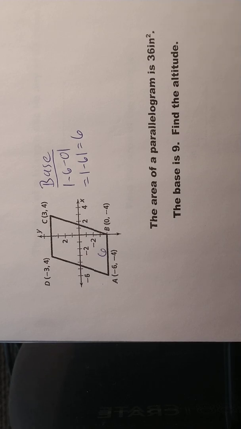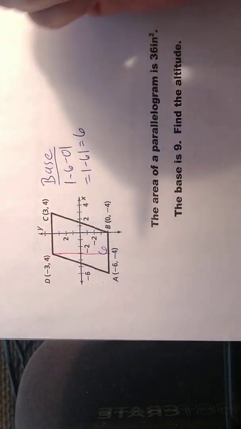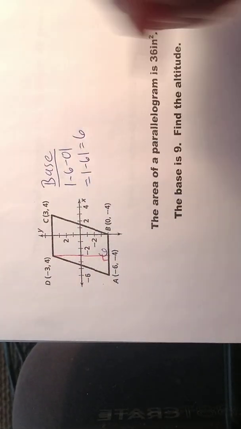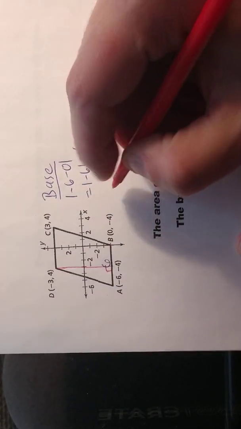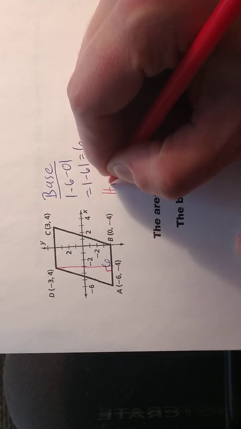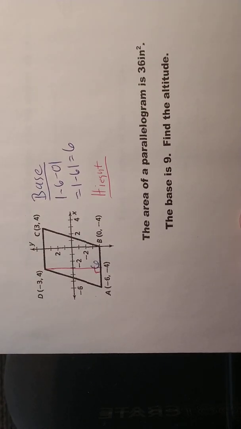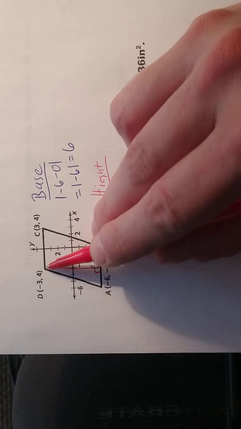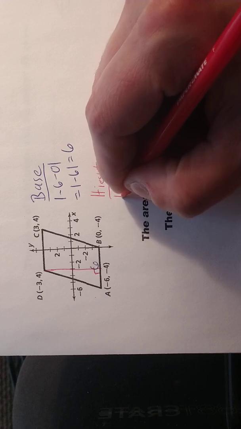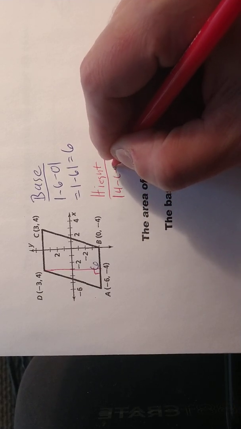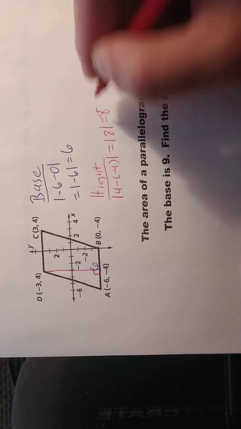Now I have to find the height. My height is going to be from here all the way down to here. It's going to be perpendicular, so I just have to find the distance between here and here. To get my height, I'm going to go the absolute value of 4 minus -4, which is the absolute value of 8, which is just 8.